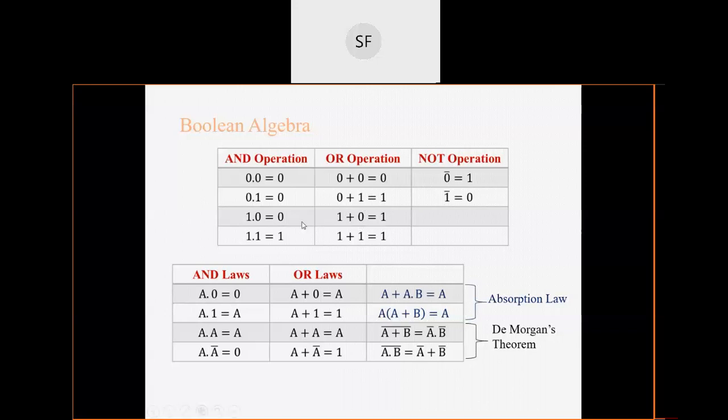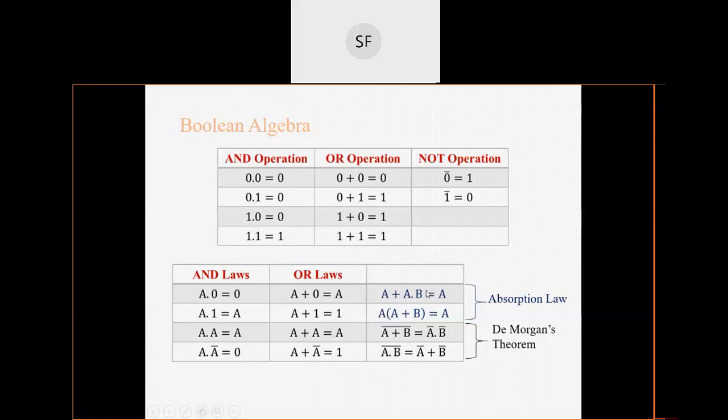So just by remembering two statements, you can remember the working of AND and OR. Depending on the AND operation, they have derived some AND laws, and depending on the OR operation, they have derived some OR laws. So you can go through this, and if you are having any difficulty, then you can ask.